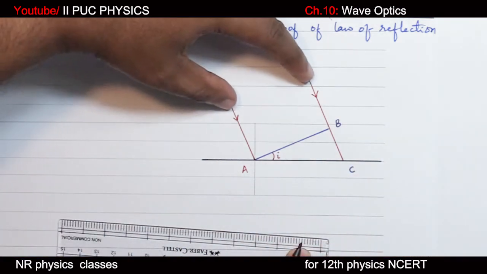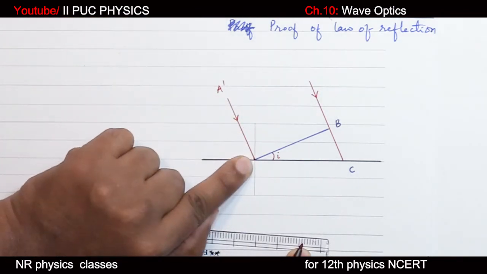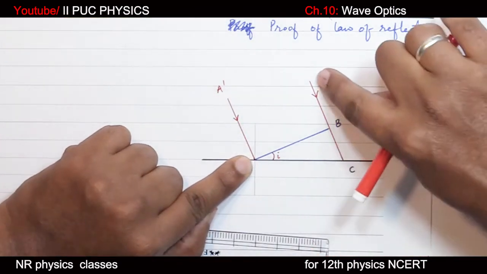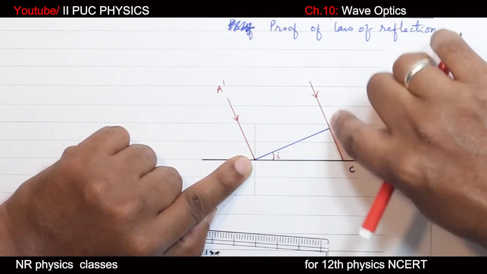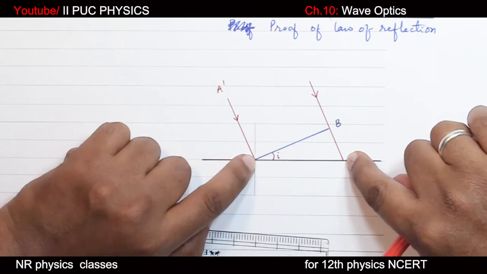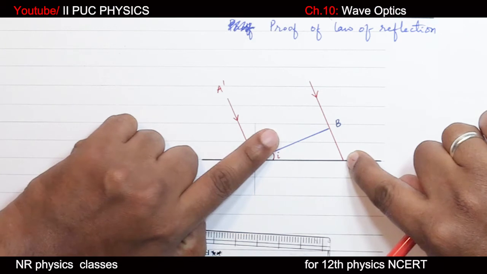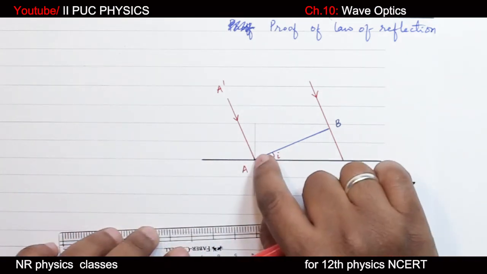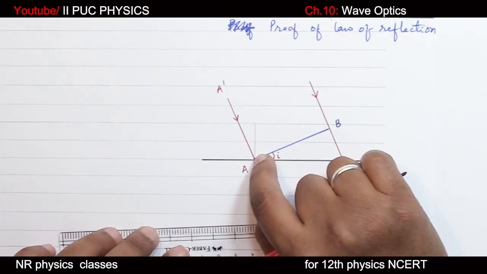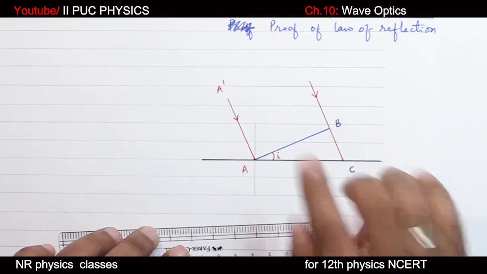See, these two rays are traveling. This ray is incident on the reflecting surface, but still this ray is traveling. By the time the second ray covers BC, the first one will get reflected. Now, to draw the reflected wavefront and the ray, what should we do?